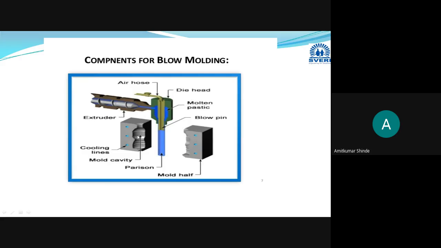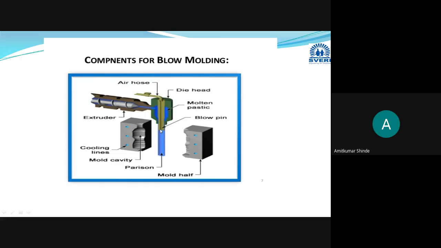In this example we are manufacturing a plastic bottle, so you can clearly see we have given the shape of the plastic bottle to the mold cavity. Within this mold cavity, some cooling liners are there. By circulating coolants like water, we are cooling the die cavity.